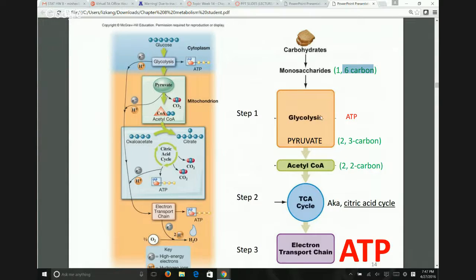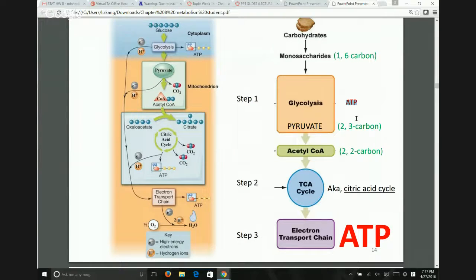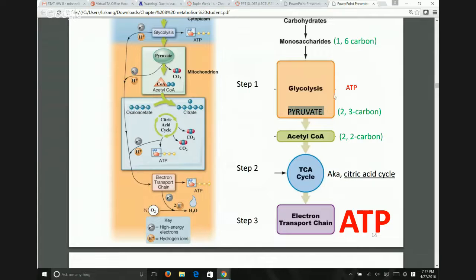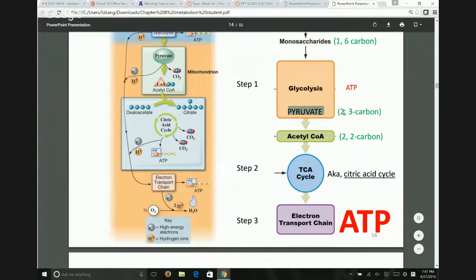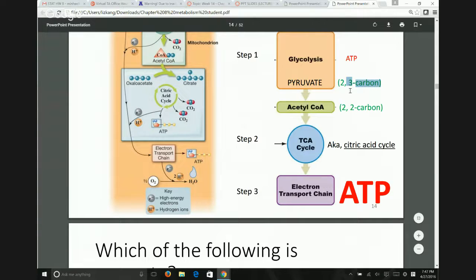You need to know this name, glycolysis. It produces a little ATP, you see a little ATP here? And glucose becomes pyruvate. We started with 6 carbons, and it's divided into 2 pyruvates, 3 carbons each. Then 1 carbon gets taken out in the process from pyruvate to acetyl-CoA. Now we are in mitochondria, and like she mentioned in class, anything that can become acetyl-CoA can go through this TCA cycle and electron transport chain and be super efficient and produce a lot of ATP.